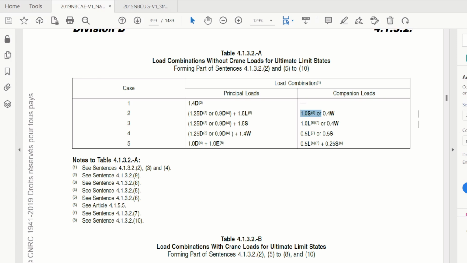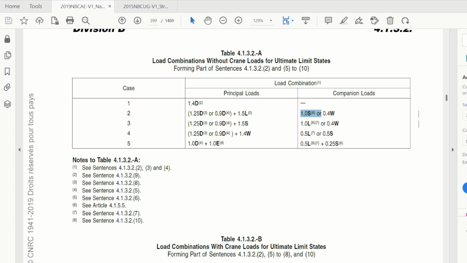If, for example, this is a rooftop of a restaurant, and the owner decides that on the roof we will have a small patio where you can gather, like an assembly, then you will consider whichever governs, either 1.5 snow load or 1.5 live load, which is 100 for an assembly area, versus this snow load.